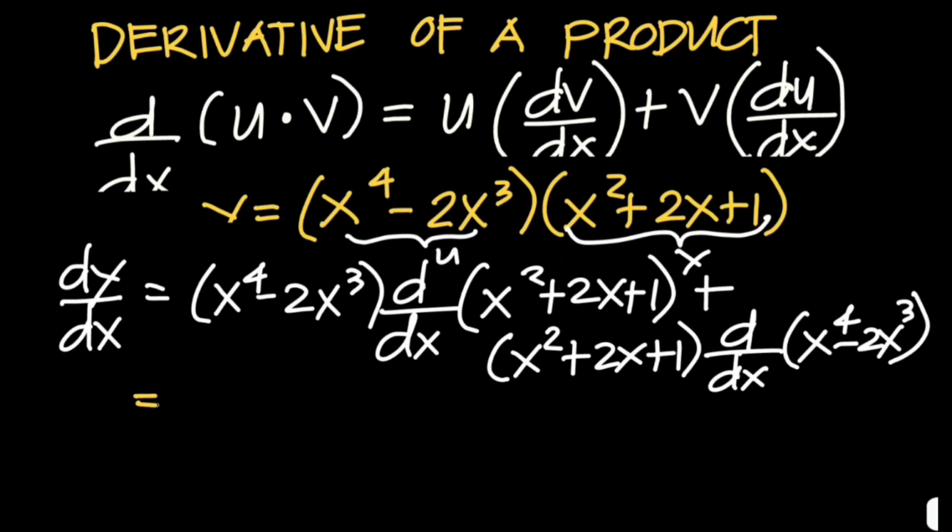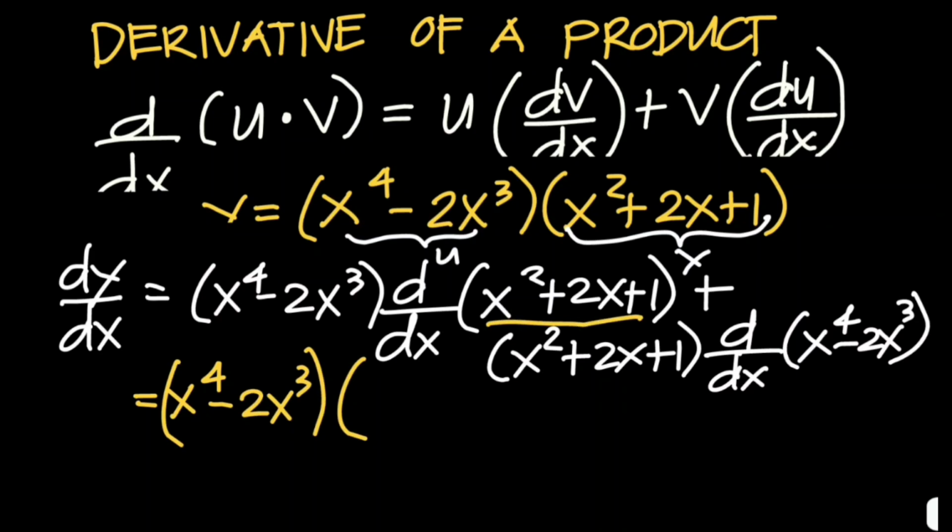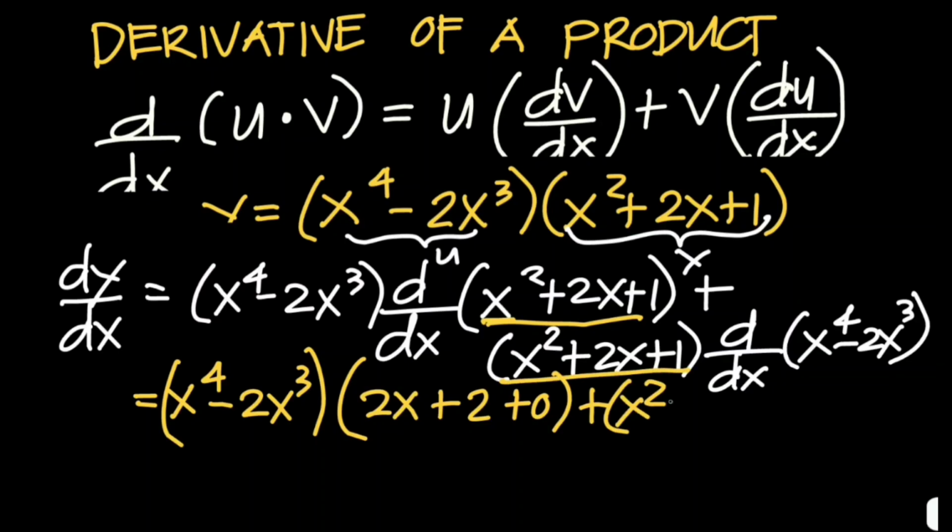Right, so we have x to the fourth minus 2x cubed times the derivative of this one. So each of the terms, derivative of x squared is 2x to the 1, plus derivative of 2x is 2 times 1, which is just 2, plus derivative of 1 is 0, plus this one, x squared plus 2x plus 1 times the derivative of x to the fourth minus 2x cubed.